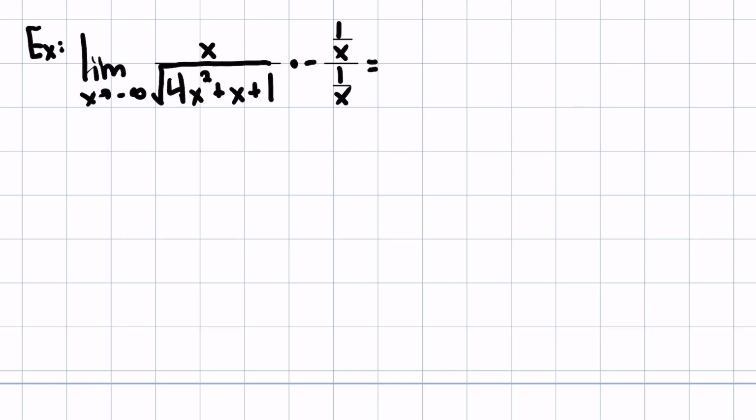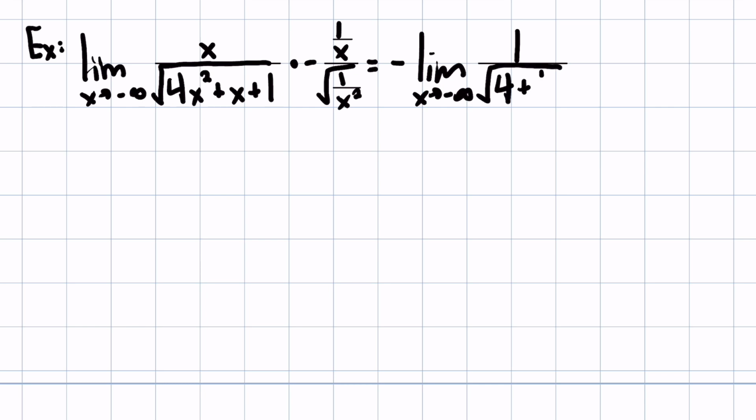So what's going to happen here, I'm going to pull the negative sign out. We have 1 over, and again here, this is the same as multiplying by the square root of 1 over x squared. This is going to give us 4 plus x over x squared is 1 over x plus 1 over x squared. So then this is negative limit, actually I'm going to go ahead and plug it in.